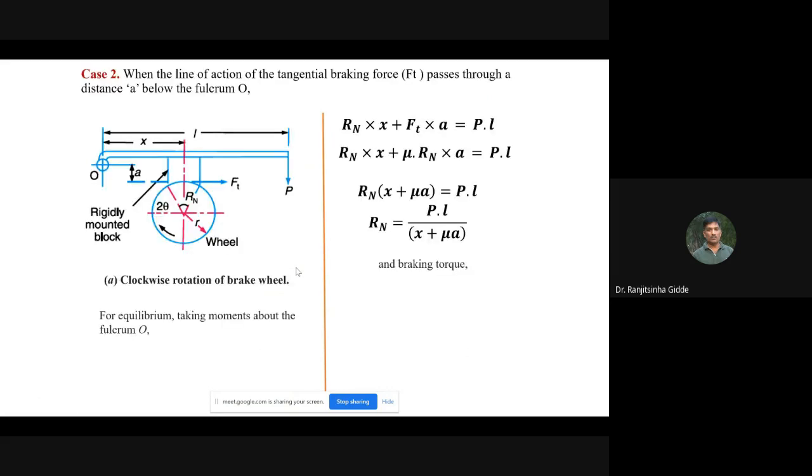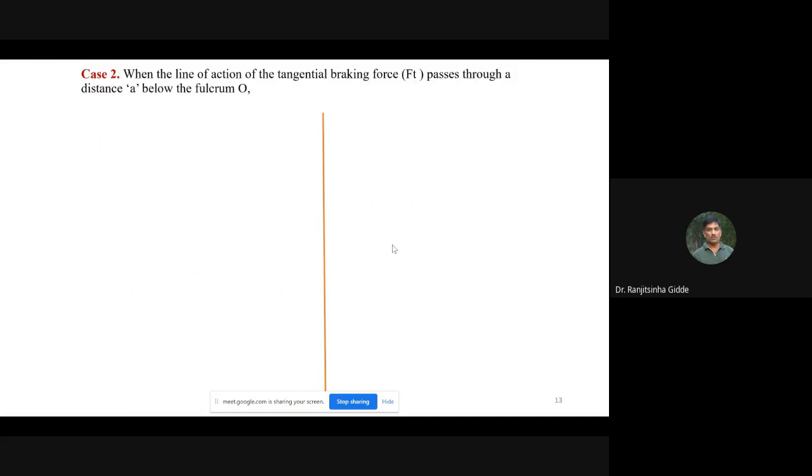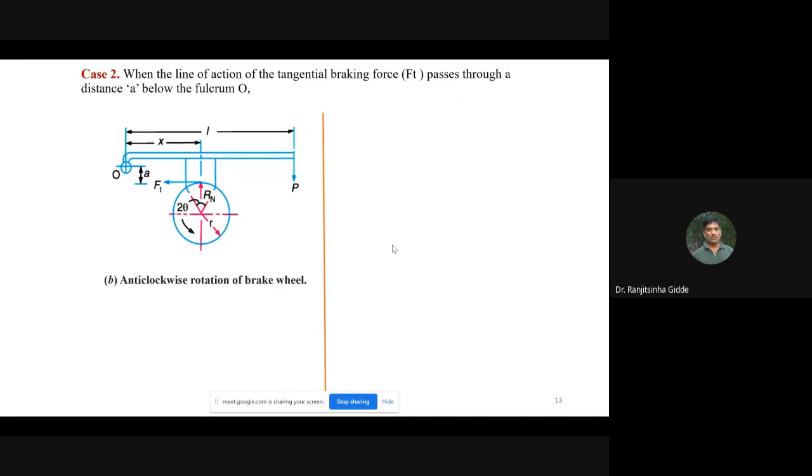Okay, so this is for clockwise rotation of the brake wheel. Then again the same figure, but with anti-clockwise rotation of the brake. Now, from the previous and this case, this one is different.